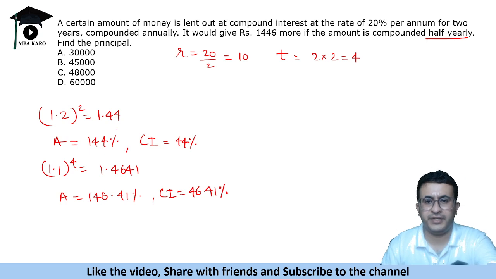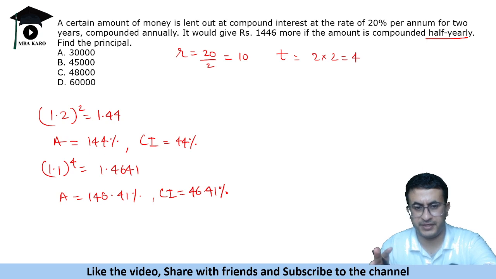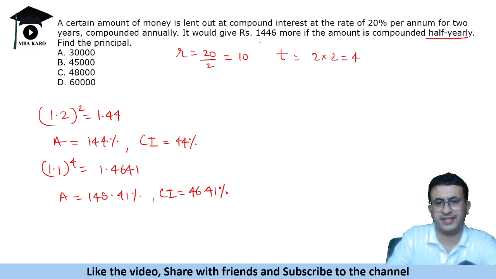Okay. So we need to see this, or even if you do not take compound interest, you can just say the amount, because he is saying that it would give 1446 more. So what is the difference? In case 2, when it is half yearly, the amount is 146.41%.